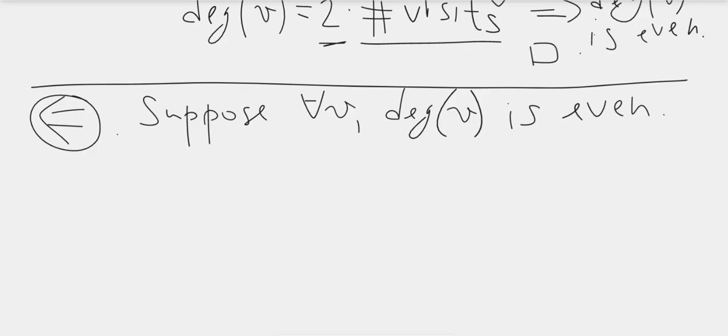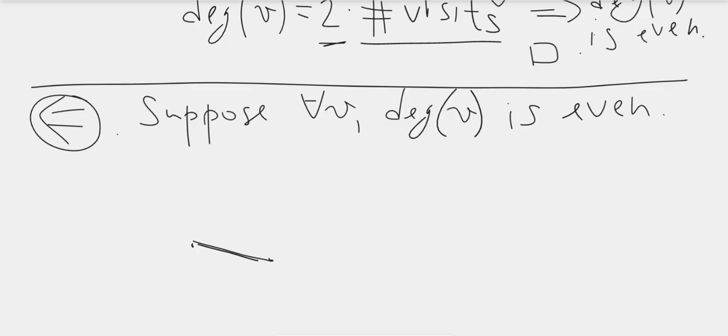Now we are going to construct the Eulerian cycle. First we start from an arbitrary vertex, and we go wherever we go. We go by any edge, we come here.